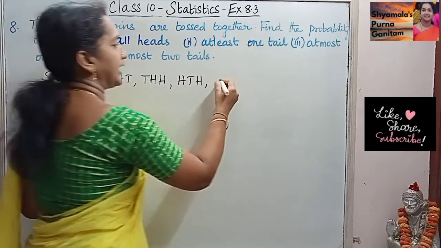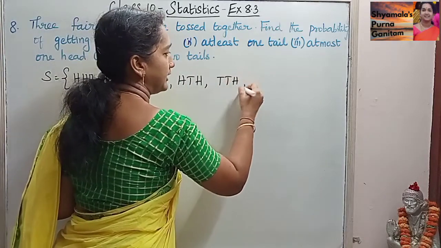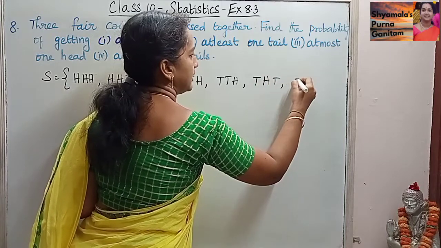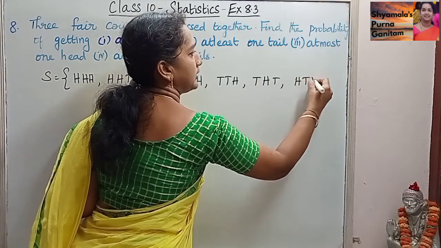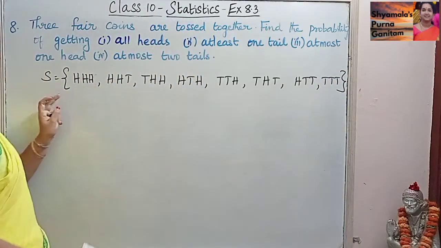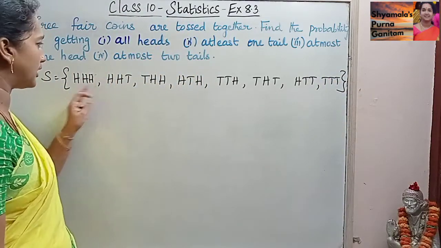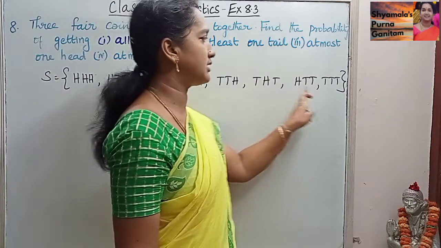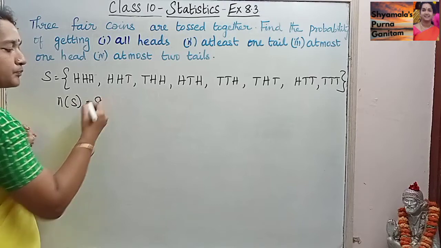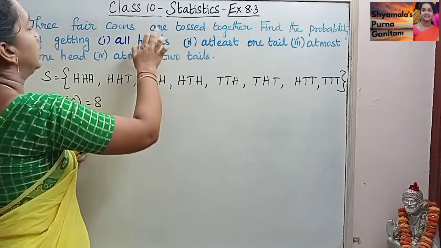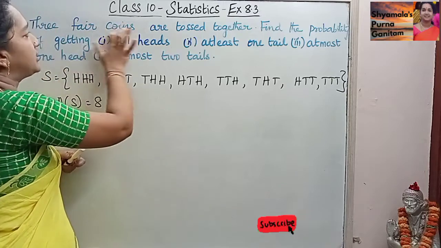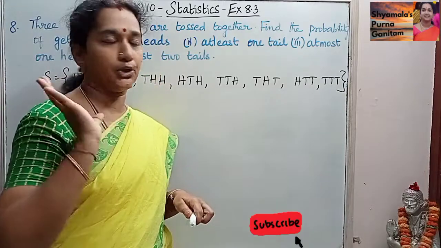Then 2 tails and 1 head: tail, head, tail, and then head, tail, tail, and then 3 tails together. So totally we'll get 8 outcomes: 1, 2, 3, 4, 5, 6, 7, 8. So our n of s will be 8. These are the sample space we get when 3 coins are tossed together.